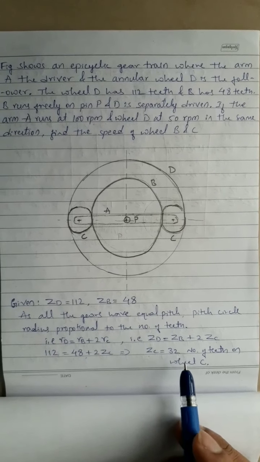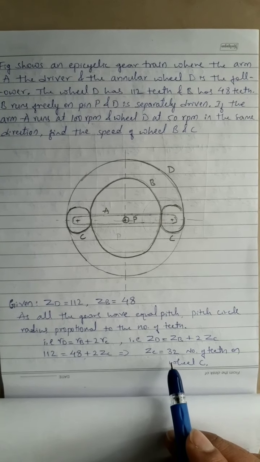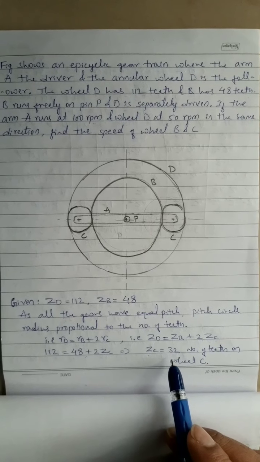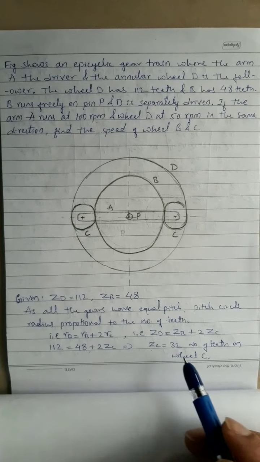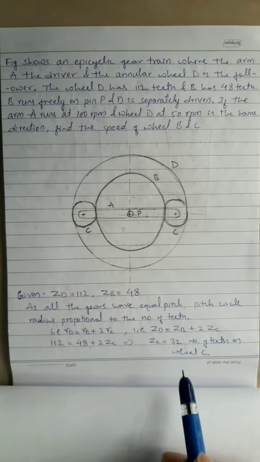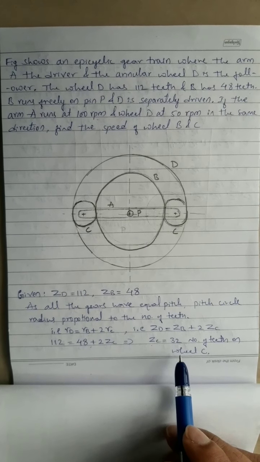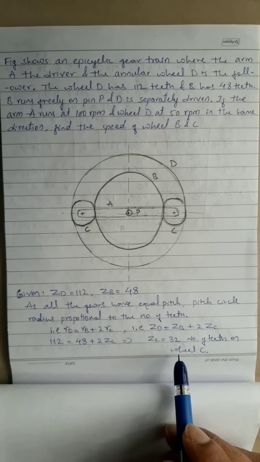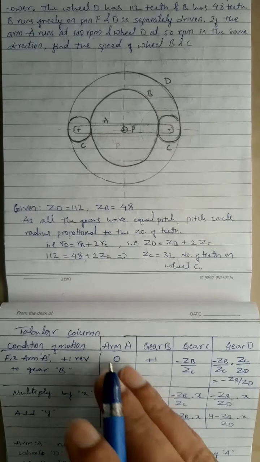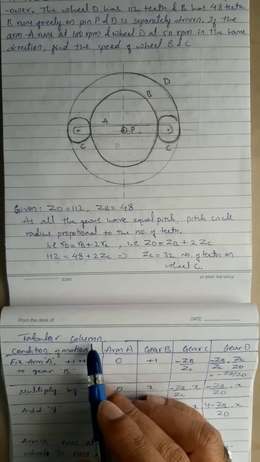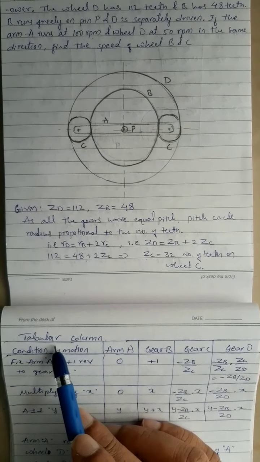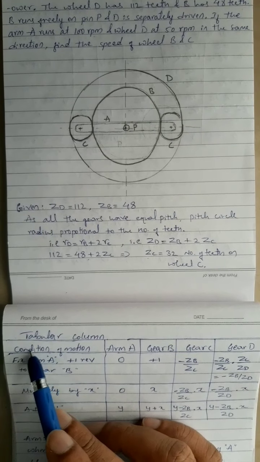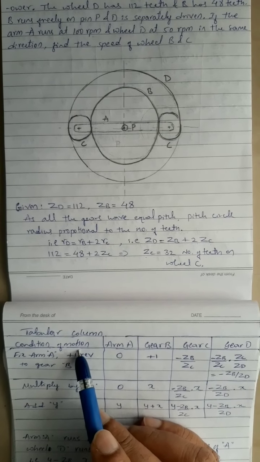After finding the value of ZC, the next procedure is to start with the tabular column method to find the speed of wheel B and C. So let us see the tabular column method. To start with the tabular column method, first we have to write the tabular column of condition of motion.